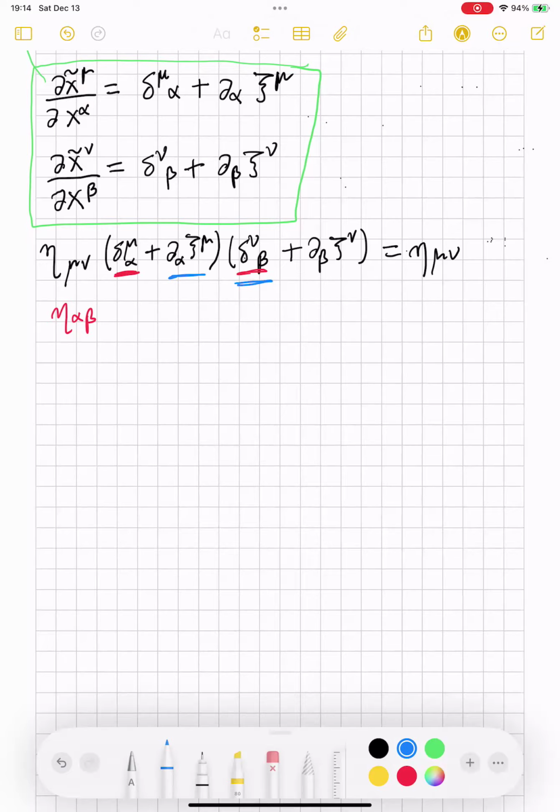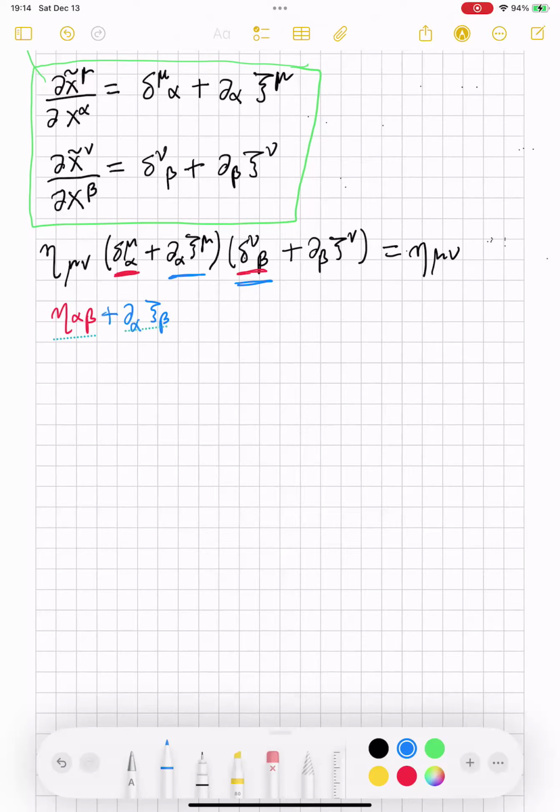So the eta mu nu will bring the mu index on zeta down, and the delta will change it from a nu into a beta. So we will get a zeta beta. So the zeta beta I got by multiplying the zeta mu into the Minkowski metric. That brought the index down and turned it into a nu, and then the delta function turned it into a beta. And then we've got our d alpha.